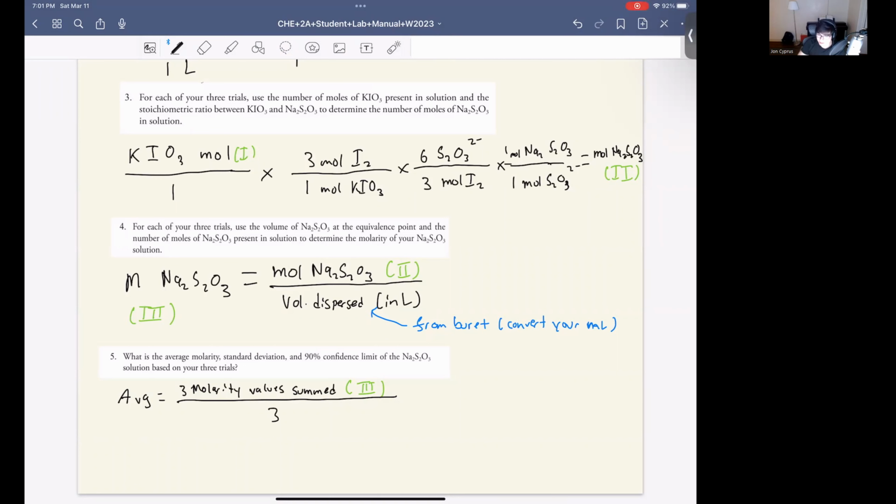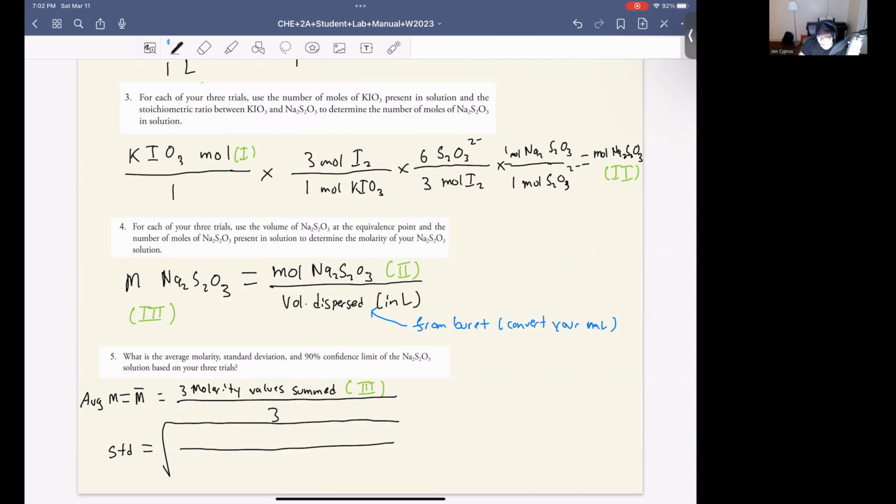What is the standard deviation? Now I'm actually going to call this M bar, just to make my life a little bit easier for this next part. All right, so for the standard deviation, you're going to take the square root, and you're going to sum up all the trials, except it's a little different.